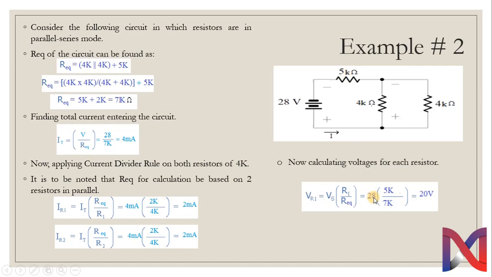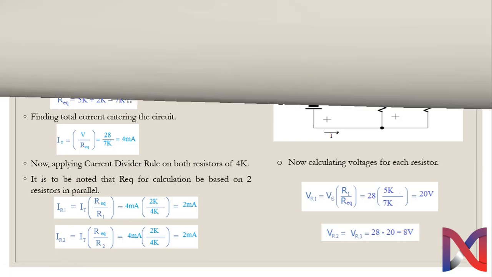So 28 multiplied by 5 kilo ohms divided by 7 kilo ohms, we get 20 volts across the 5 kilo ohm resistor. And we get VR2 and VR3 the same because these are in parallel combination. So we get 8 volts for each of R2 and R3.